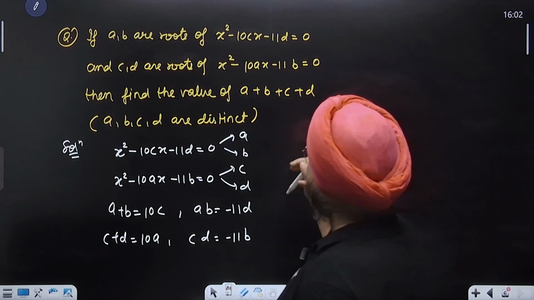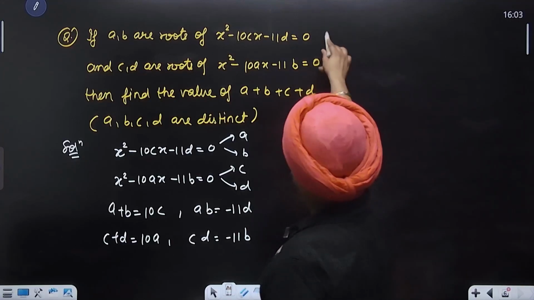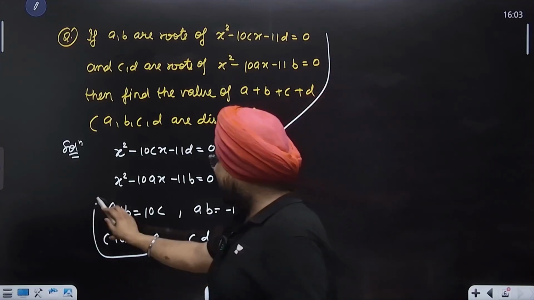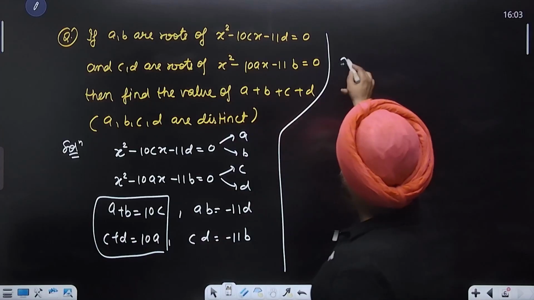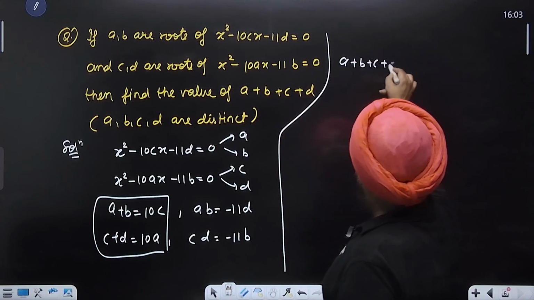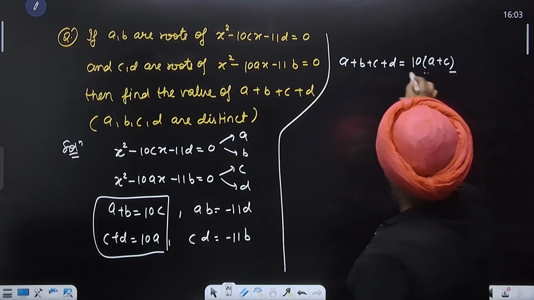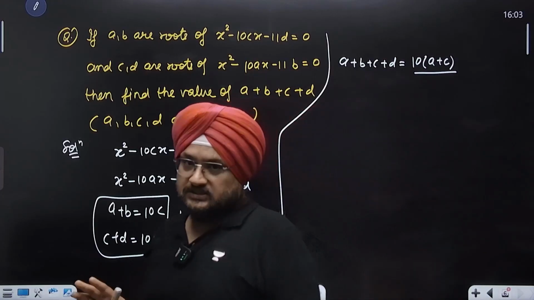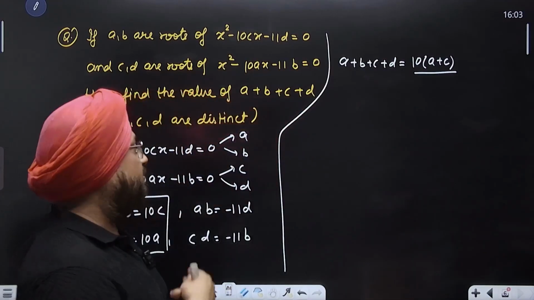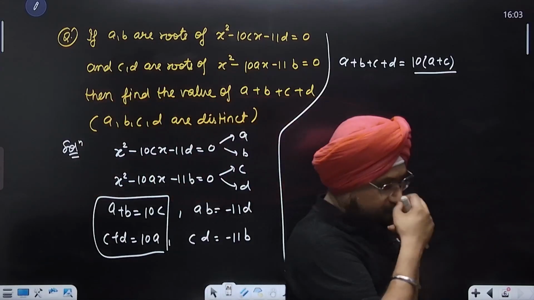We have to find a plus b plus c plus d. If I add these two equations, a plus b plus c plus d comes out to be 10 times a plus c. Now we have to find a plus c. If we get a plus c, we will get the value of a plus b plus c plus d.